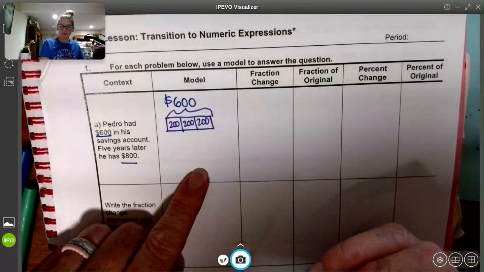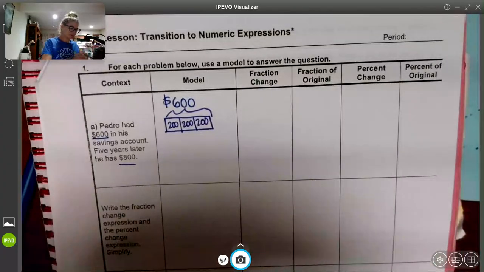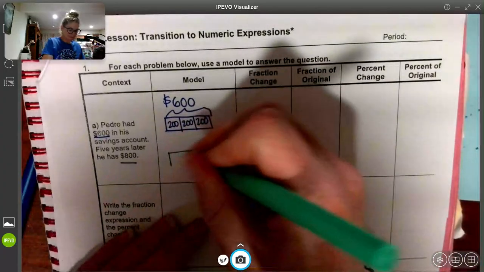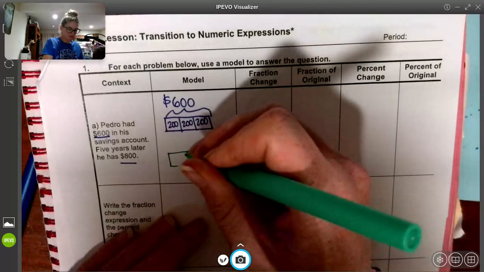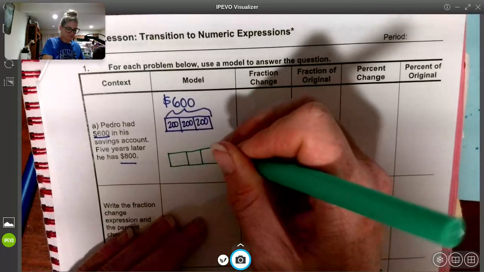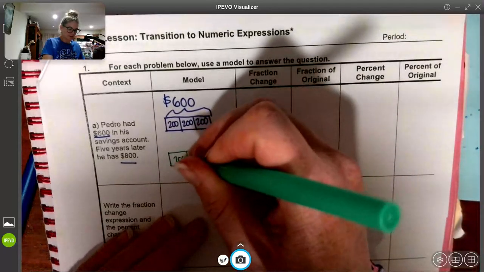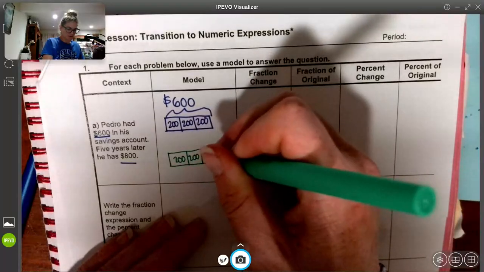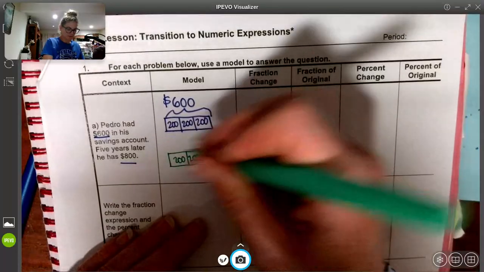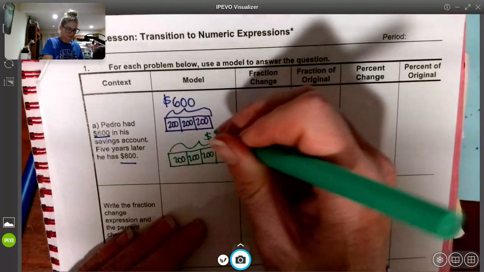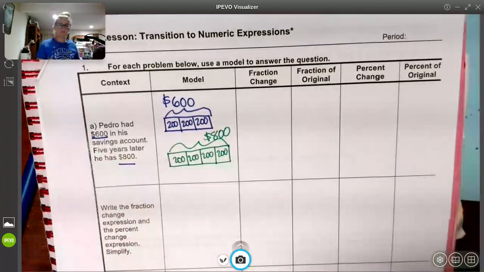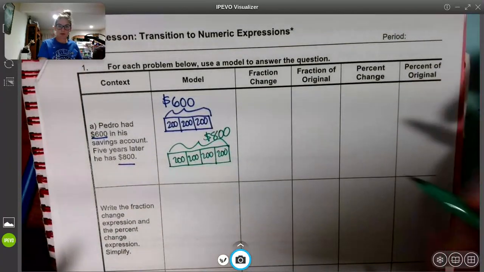If I was going to model $800 using 200, notice that is going to be 4 sections of 200.